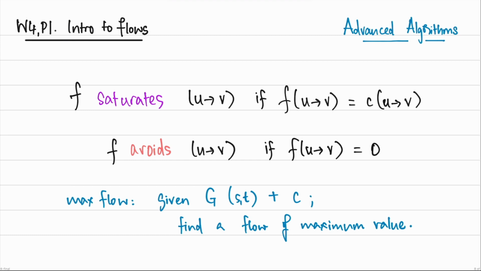And you can probably think of other things that you may want to add to the mix here. But this is a fairly standard setup, and it's a good place to start. And thinking about how you can extend it to fancier settings is a nice thought experiment. It's a good exercise to come up with more enriched models for what you think of as a flow problem. But for now, we're going to stick to this.